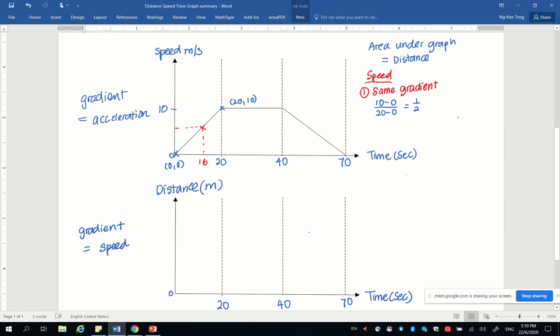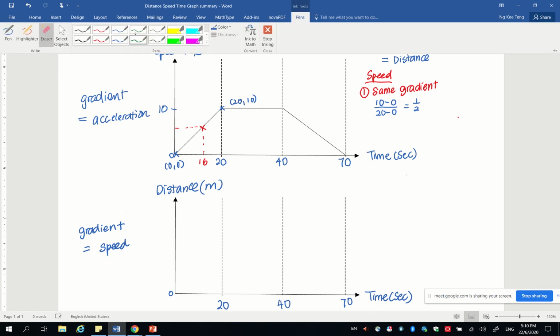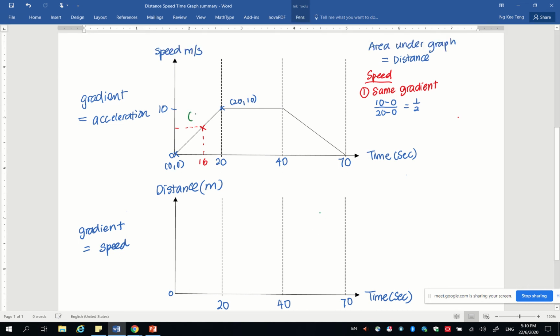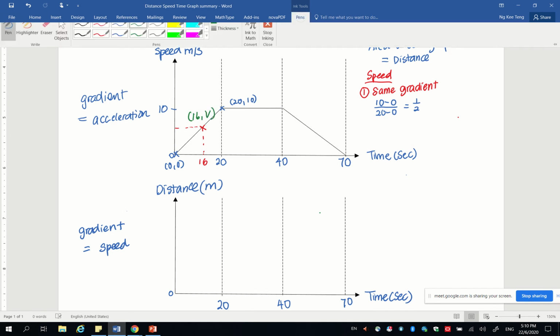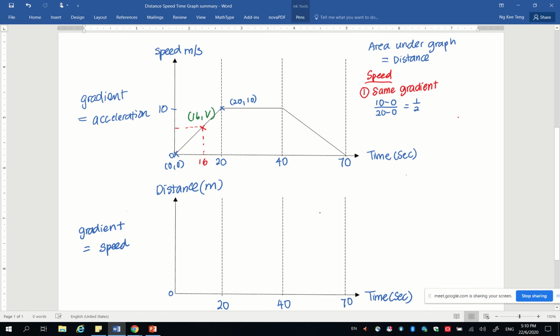So if I want to find the speed when it is 16 seconds, I need to take this point here. Let me erase this away. This point over here will be 16 seconds. I do not know the speed, I'll call it v. So the point is (16, v). Now I'm going to link this to the gradient that I found just now.